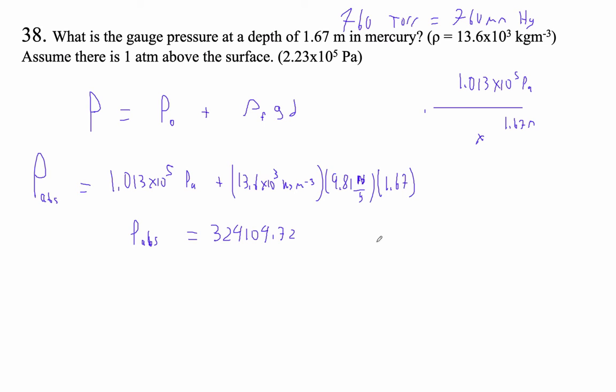Now, we want to turn that into a gauge pressure. Absolute pressure is gauge pressure plus 1 atmosphere. So this is our absolute pressure, 324,104.72, and it equals our gauge pressure, which we're trying to find, plus an atmosphere, 1.013 times 10 to the fifth.